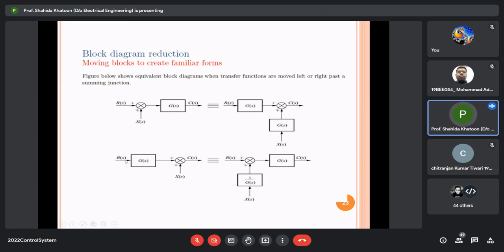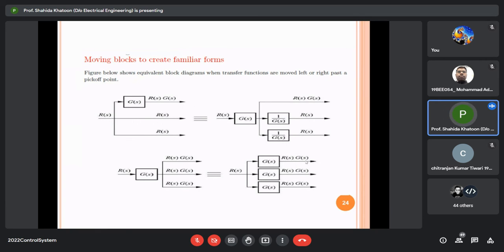Here we are multiplying R(s) with G(s) and taking X(s) with a plus sign. If we want to shift this transfer function after this summing junction, you need to add a block with transfer function 1 by G(s) on X(s) so that the output C(s) remains the same. If you actually do this, you will see that the output remains the same.